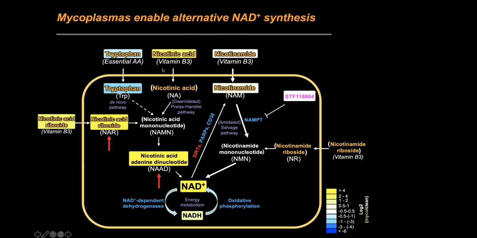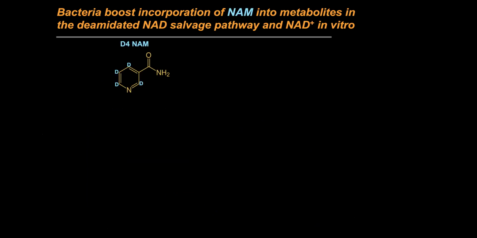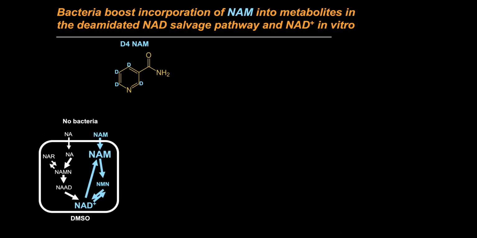Mycoplasma can also dramatically increase the concentration of nicotinic acid and nicotinic acid riboside in the culture medium. So all these observations suggest that mycoplasma could protect cells from NAMPT inhibitor-induced cell death by enabling this alternative deamidated NAD biosynthesis.